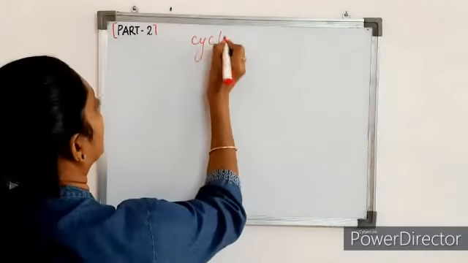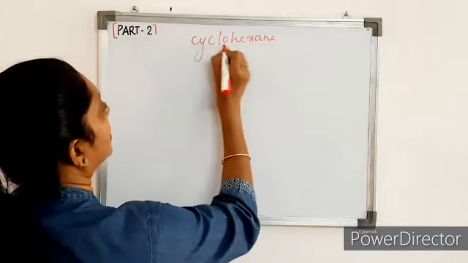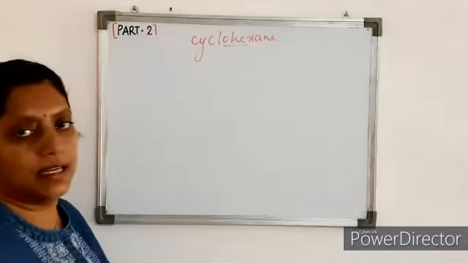Okay. Besides these straight chains, we have learned that carbon atoms can also form cyclic compounds. One of those compounds is cyclohexane. Cyclo means cyclic, and hexane is the molecule with 6 carbon atoms.